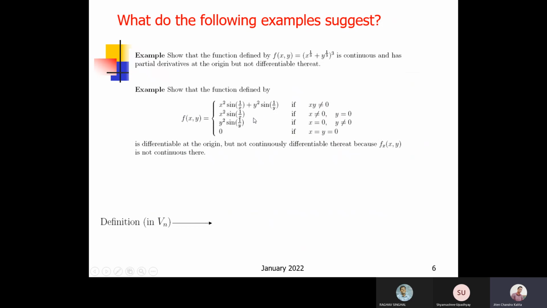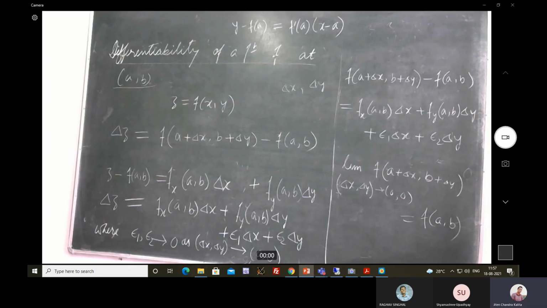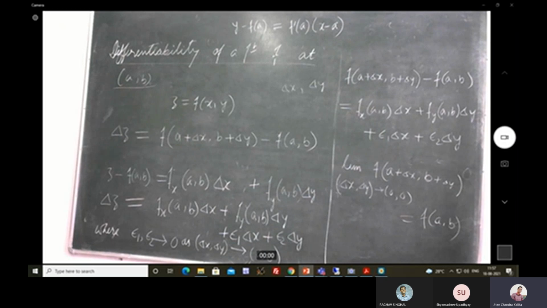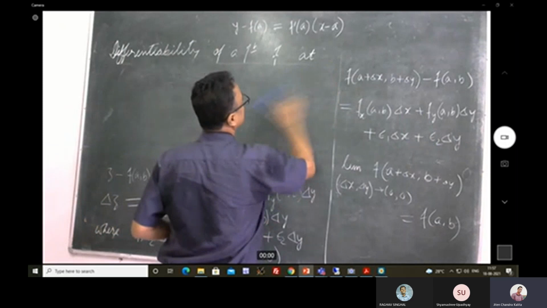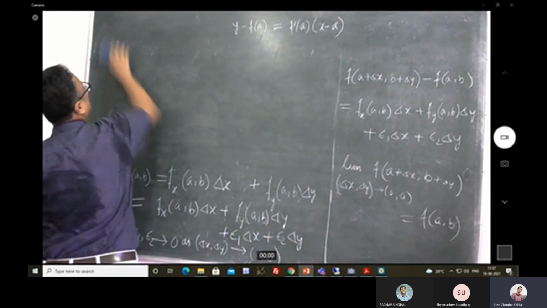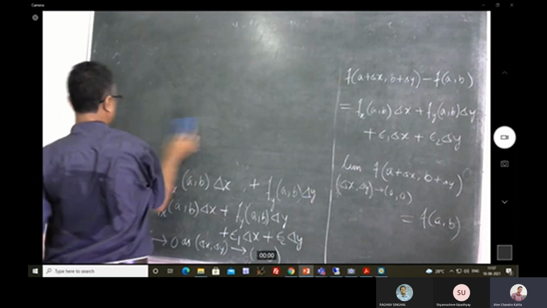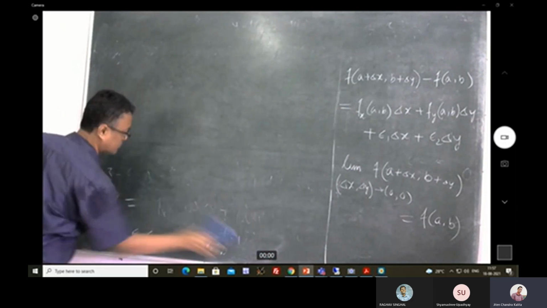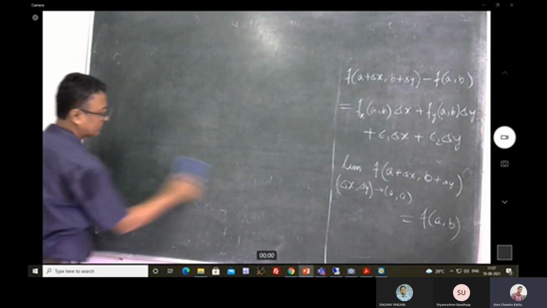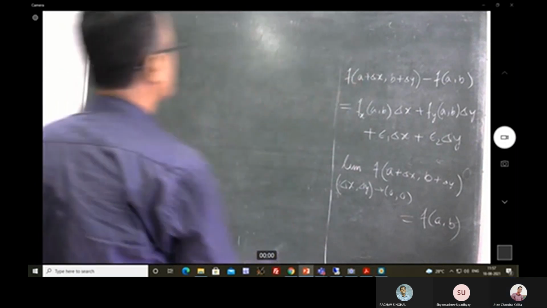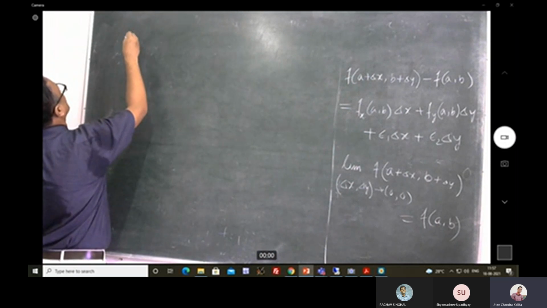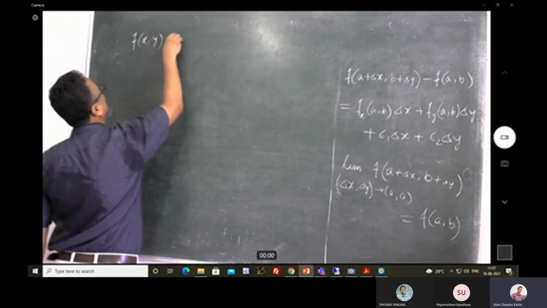You can try it at home because we would have enough experience after working out this example, and I'm going to make some comments. Okay, right? So this was my function.